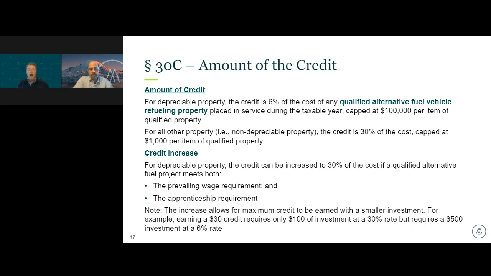So, for example, a $30 credit only requires $100 of investment at the 30%. But under the previous 6% rate, you would have to invest $500. So what we're really seeing with this is that by meeting the prevailing wage and the apprenticeship requirements, you're able to invest significantly less, but still achieve the same type of value for your organization.